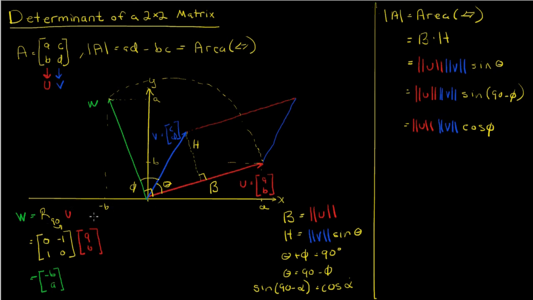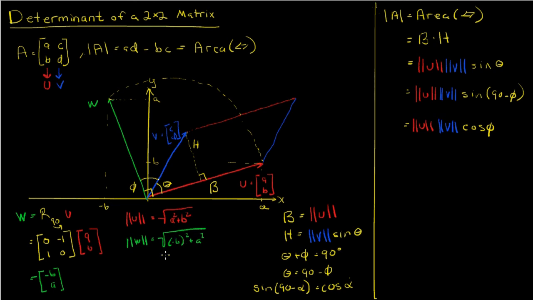So what are the magnitudes of these vectors? Let's look at u first. The magnitude of u, by the Pythagorean theorem, is equal to the square root of a squared plus b squared. And what is the magnitude of w? It is equal to the square root of, if we want to be thorough, minus b quantity squared plus a squared.